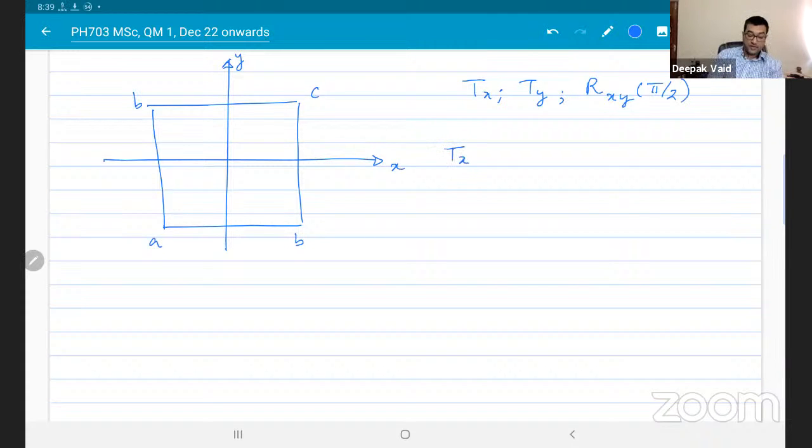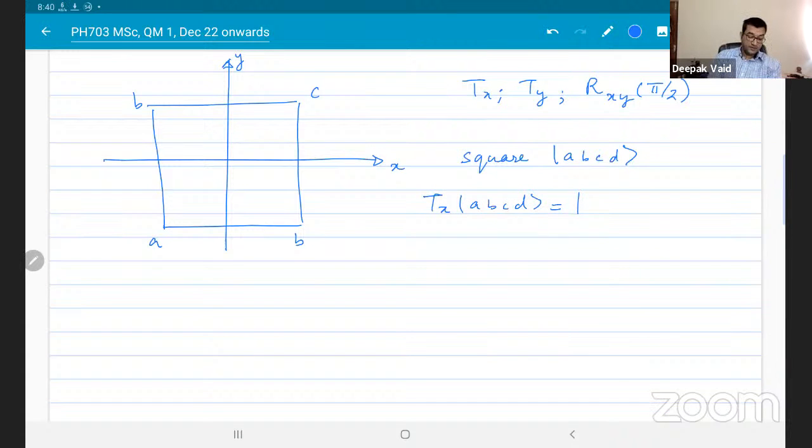So now let me write down the state of the square. How do I represent the square? If I think of it as some quantum system, I can write it as ABCD. This is my configuration, my state of the system. So what is the action of T of X on this ABCD?